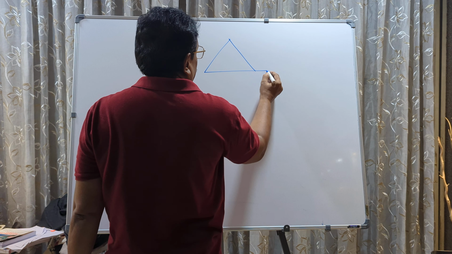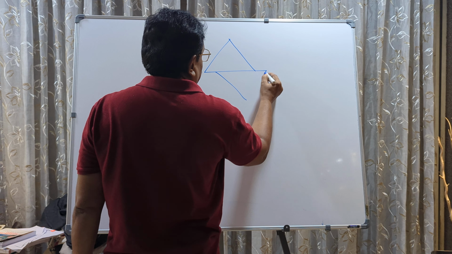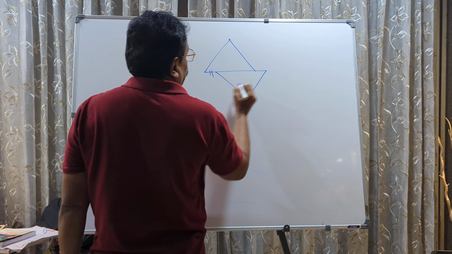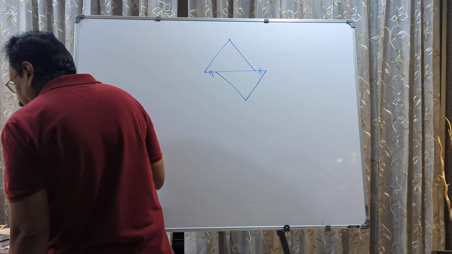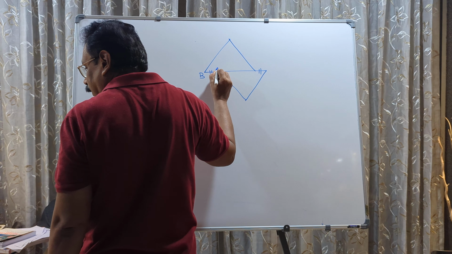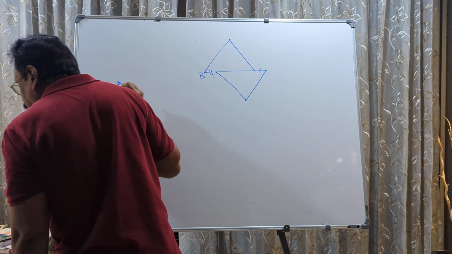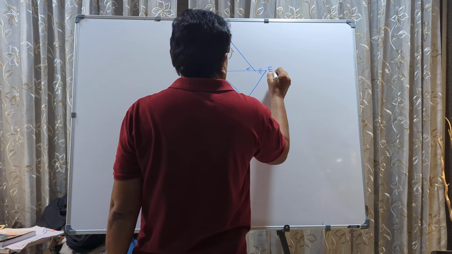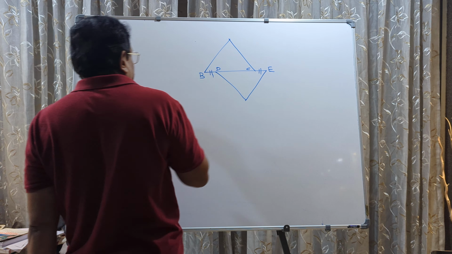The other one ends here. Okay, and they say this part is congruent to this part. They have named it as B, D, C and E. Okay, D, and they say this is C and this is E, and above and below A and F are given.